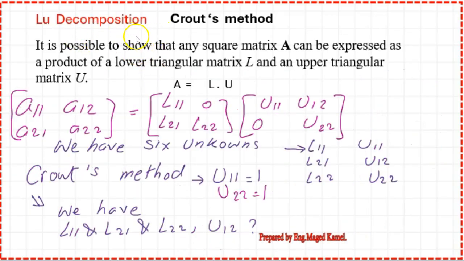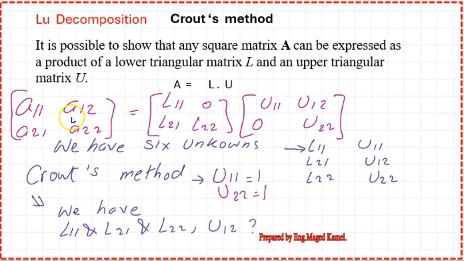For LU decomposition by Crout's method, it is possible to show that any square matrix A can be expressed as the product of a lower triangular matrix L and an upper triangular matrix U, provided that the determinant is not equal to 0.